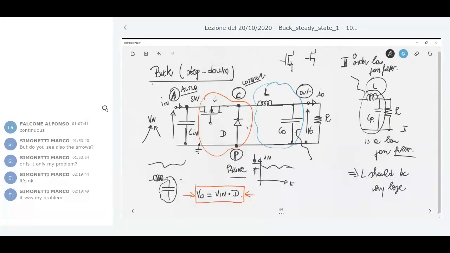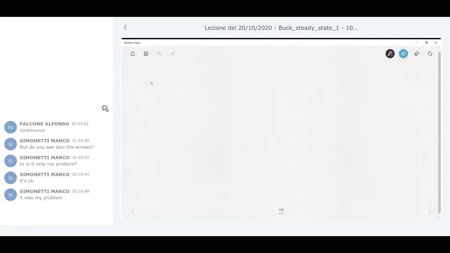So let's start the discussion by looking at the switching network. The switching network is made by the transistor and the diode connected in the way I showed you before.